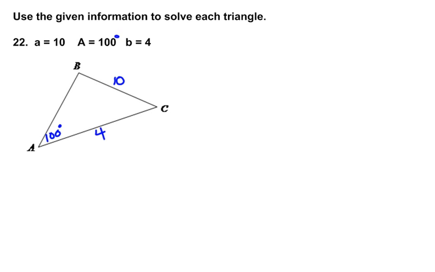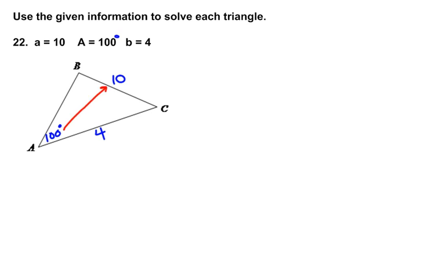So by doing this, we've got a few things to look at, and we're going to have to find angle B, angle C. We're going to have to find side C in order to solve this triangle. Looking at this, we can see that we have one angle and the side across from it.